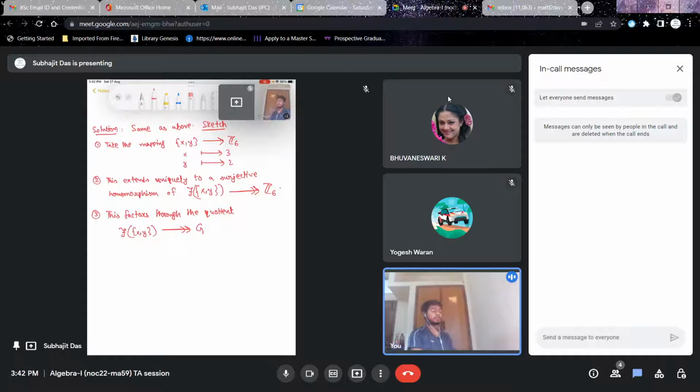So this factors through this quotient and gives a unique homomorphism from G to Z6. Let me also write it as surjective, since the original map from the free group to Z6 is surjective, and this is a factor which comes after the quotient map in the factorization of the previous surjective homomorphism.